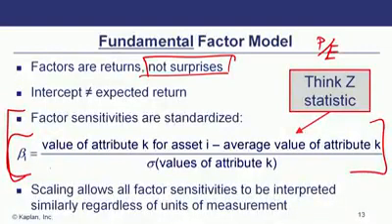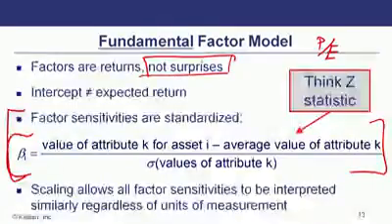All right? So the difference here between micro and macro models, okay, the macro model is what you think it is, right? If you're thinking regression, you have a factor, that's the change in GDP, and then you have a sensitivity that you estimate with a regression coefficient, right? Here, the factors are I guess the change in return for a 1-unit change in the attribute, and then the sensitivity is where in that distribution of attributes we fall.